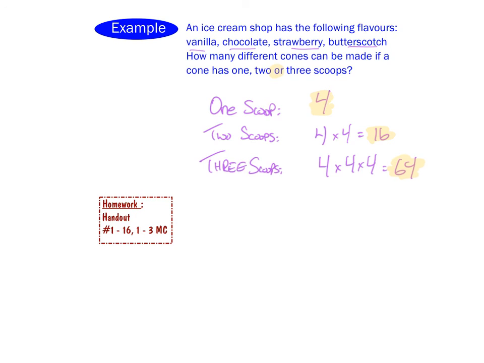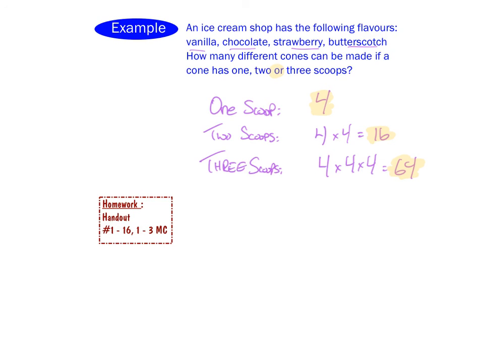Whenever we're doing counting or probability, which is very directly linked to counting, because in order to find probability, you need to find the number of ways something can happen, and to do that, you need to know how to count. The word or is very significant. When we see or, we often add things. So we're going to add the number of 1 scoop combinations to the number of 2 scoop combinations to the number of 3 scoop combinations.